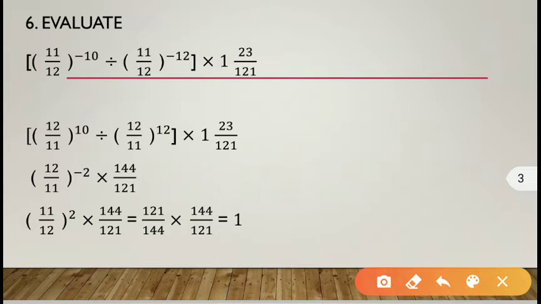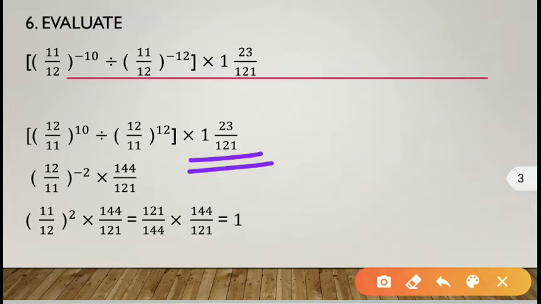If you change their position, the power will convert into plus. Means in place of 11 by 12, you write 12 by 11. And this minus 10 will convert into plus 10. Then again, divide. Here also the sign is negative. So change their place: 12 by 11 to the power 12 into 1 whole 23 by 121.